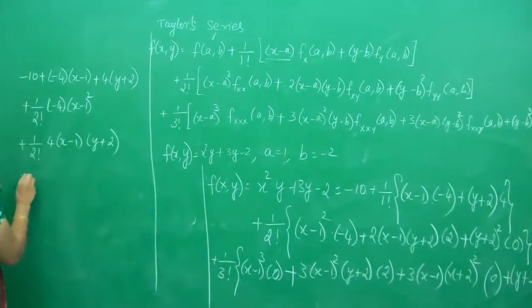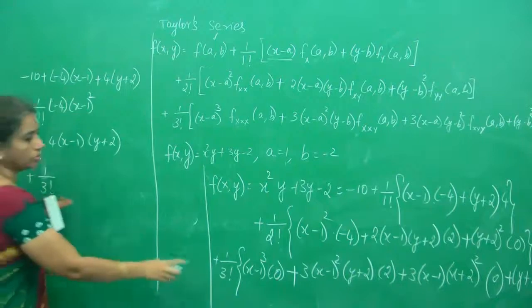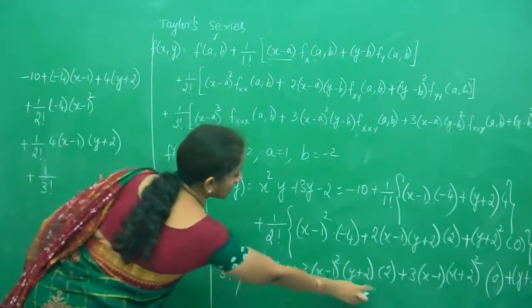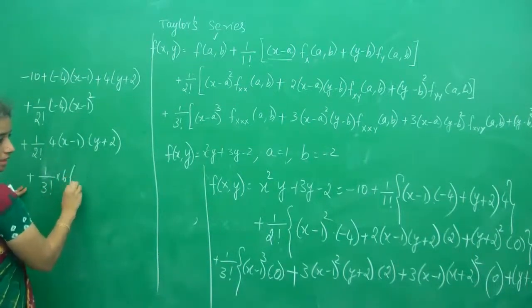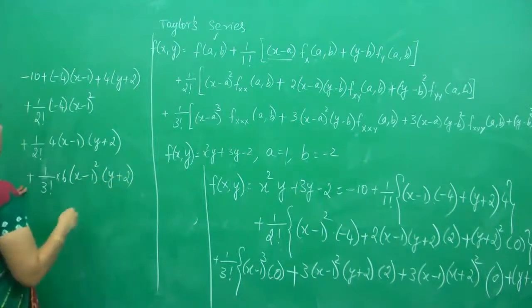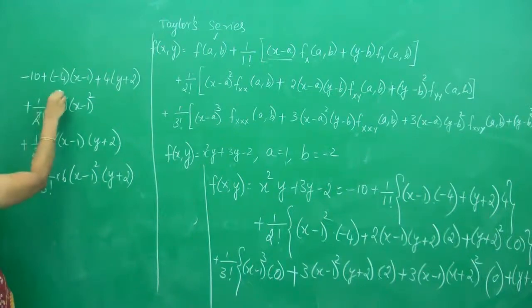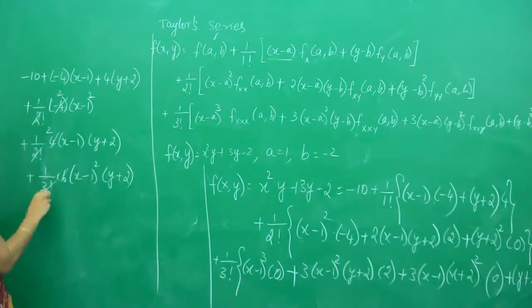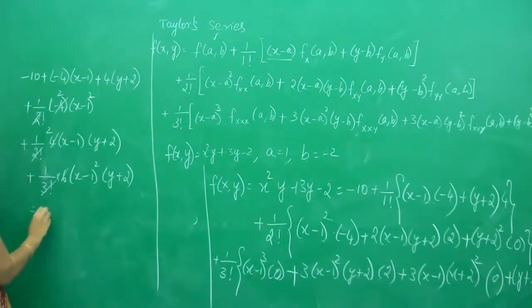So this is plus 1 by 3 factorial into this part I need to write. 3 times 2 is 6 into x minus 1 the whole square into y plus 2. You can cancel out the numbers and give the answer, or you can leave it like this also. 3 factorial is 6, you know that. So remaining one you can just copy and complete it.